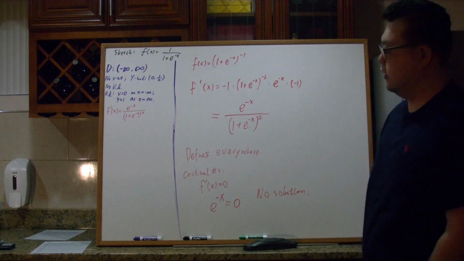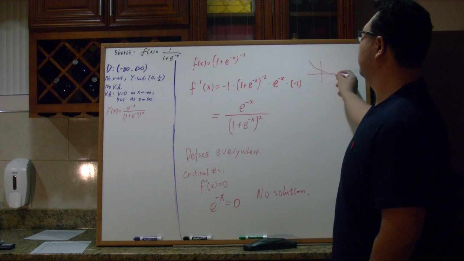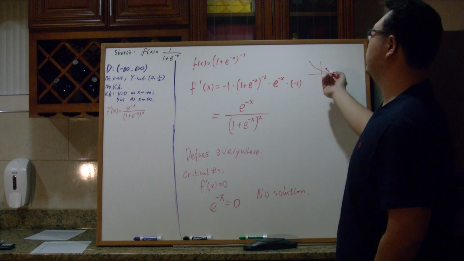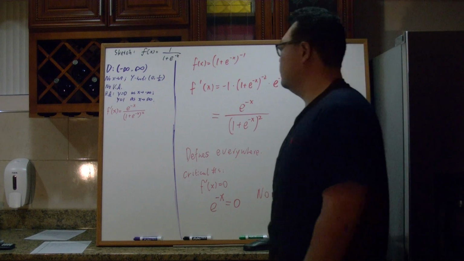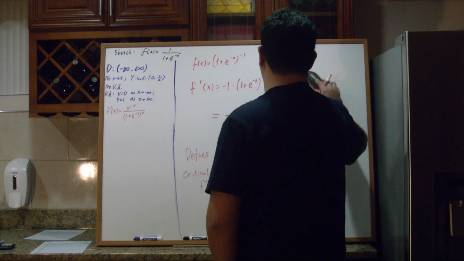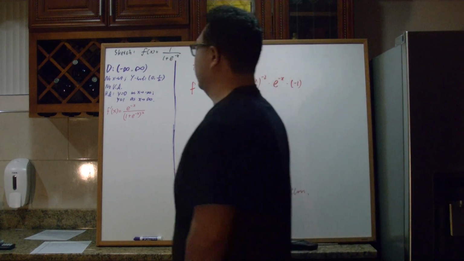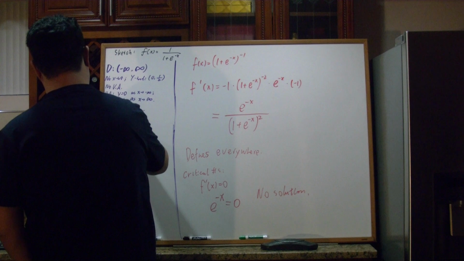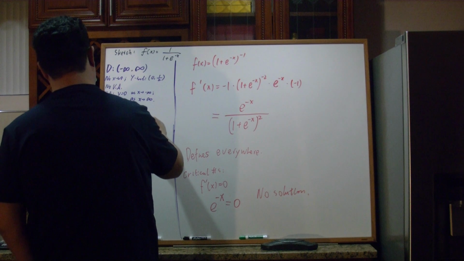E to the x can never be 0, as we saw before. It could be 1, but cannot be 0, it never touches. So we don't have any solutions. So for that function here, we do not have any relative extrema.